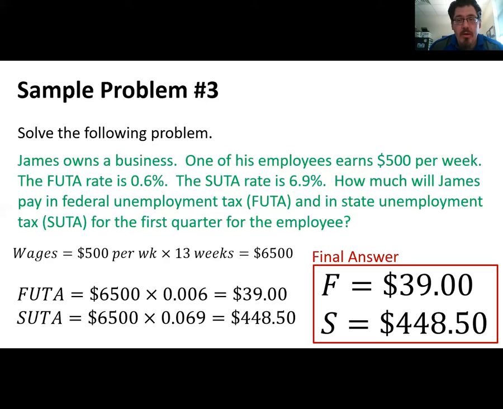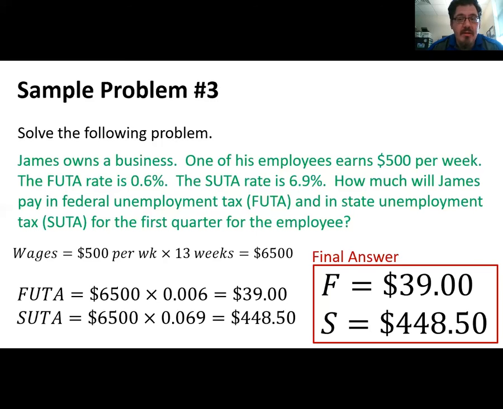Now, again, the whole purpose of this as an employer is if somebody becomes unemployed, they can get benefits for being unemployed that pays them a certain amount per week. So these taxes that the businesses are paying are helping to contribute to that fund to help people that are unemployed. And as we all know, given the times that we're living in with the COVID crisis, a lot of people are having to deal with that situation. And so it's good that that system is in place to help support people that, like I said, lose their job, especially if they lose their job through no fault of their own.